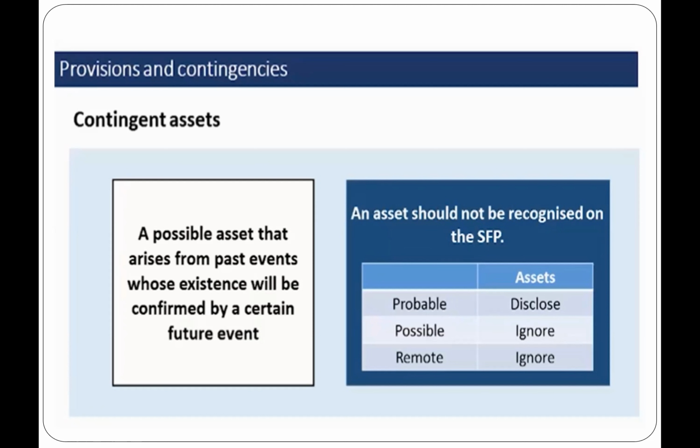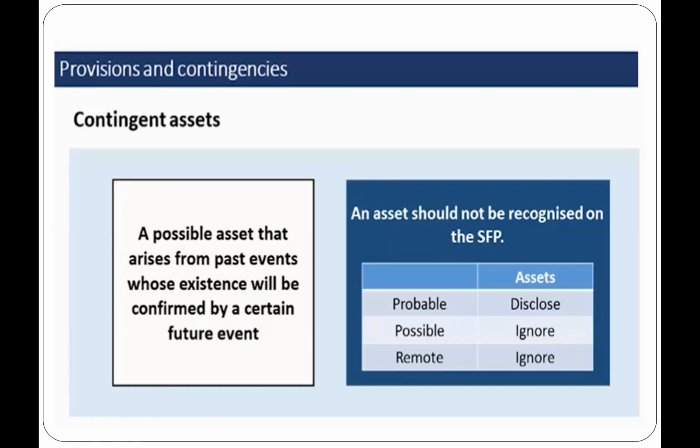We cannot recognize it as an asset because, remember the prudence concept, we don't count our chicks before they are hatched. Even if we know there's a high chance they're going to hatch, we wait until they become chicks before we count them. So we cannot recognize an asset unless we are 100% sure that it's actually going to be an asset.